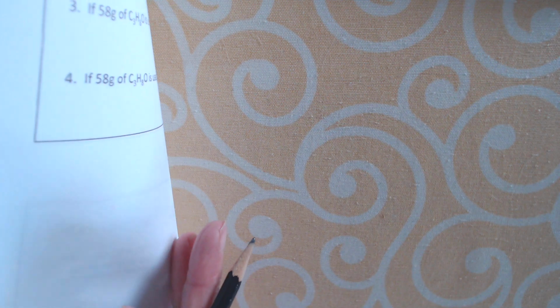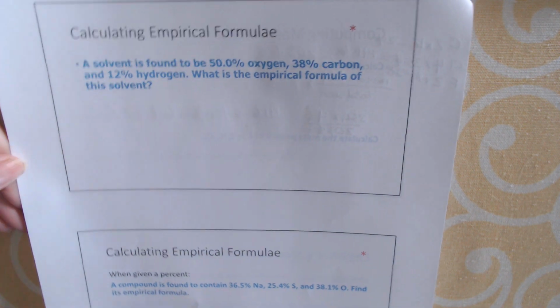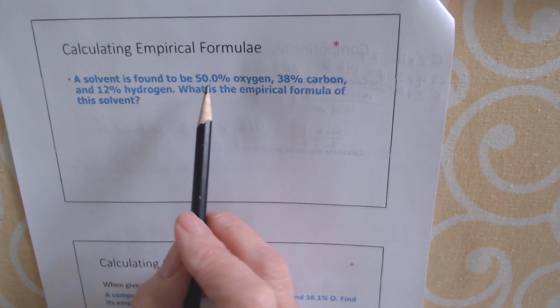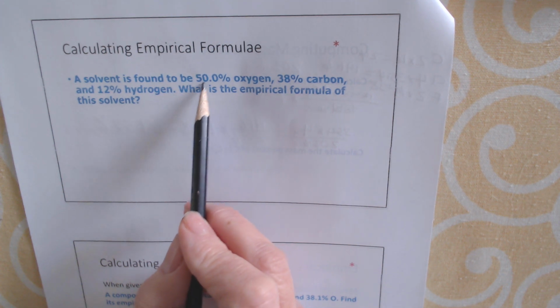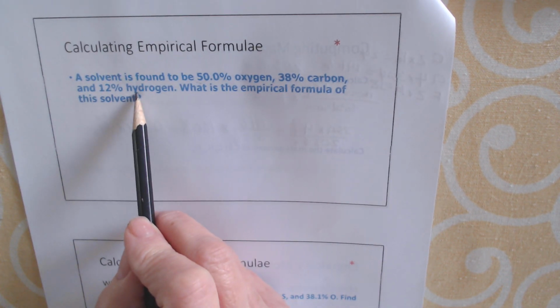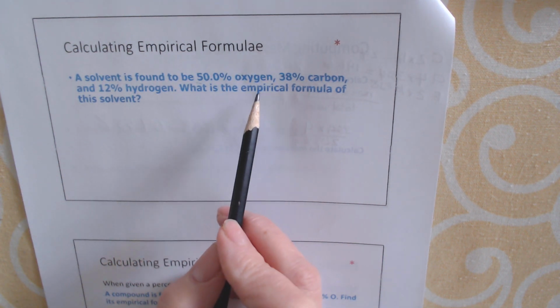So why are we talking about that? Well, hold on to your hats. Here we go. We're going to ask you that if you are given, in essence, a ratio between different elements that are in a compound, that you can figure out the empirical formula.